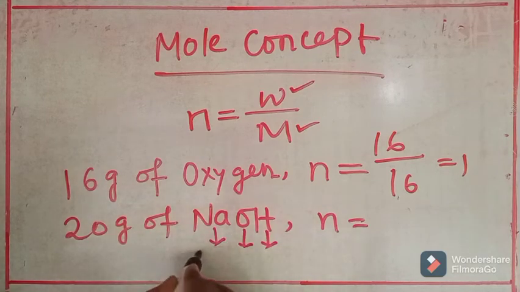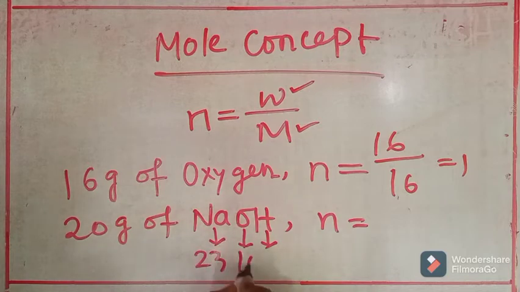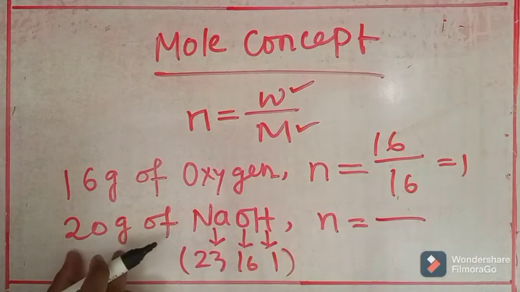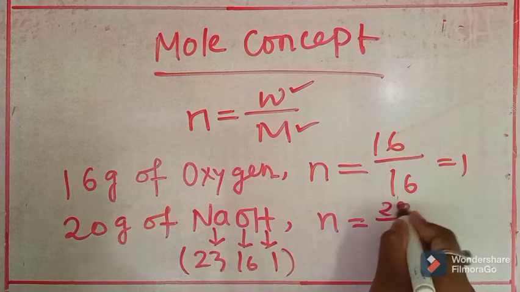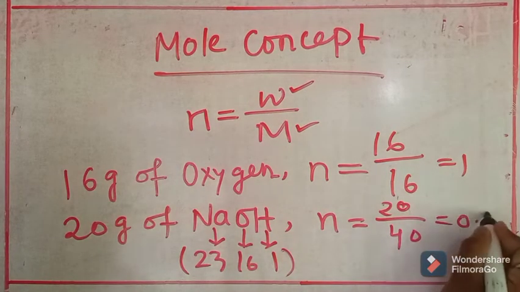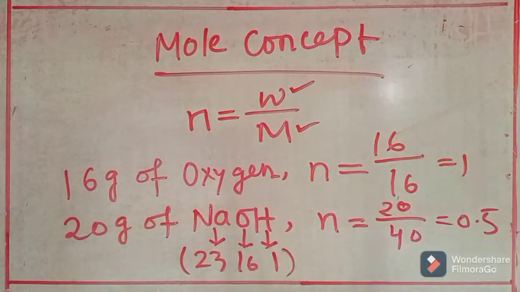For sodium it is 23, oxygen 16, hydrogen 1, so it's 40. So 40 is the molecular mass or formula mass. The mole will be W by M. W is the amount taken, that is 20, and the molar mass is 40, so it will be 0.5 mole. In this way we can find out the mole of any particular component, right?